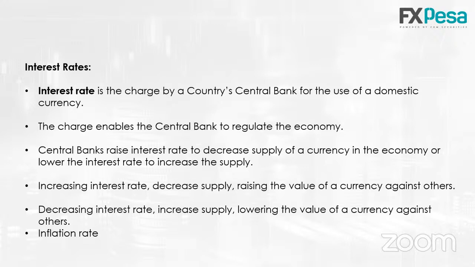So increasing the interest rate decreases the supply, and raises the value of a currency against others as a result. On the other side, if the rate is decreased, then the amount of money available in an economy, or the supply, increases. That lowers the value of the currency against others.